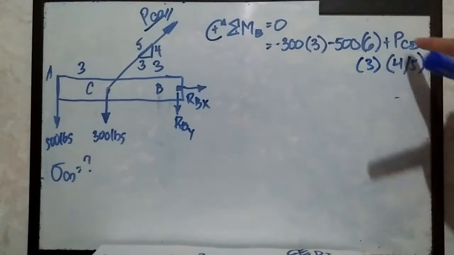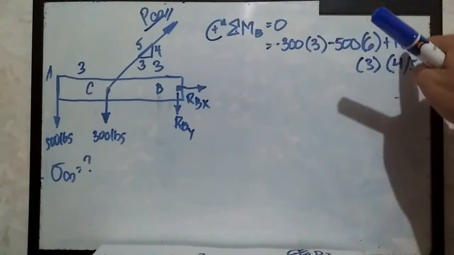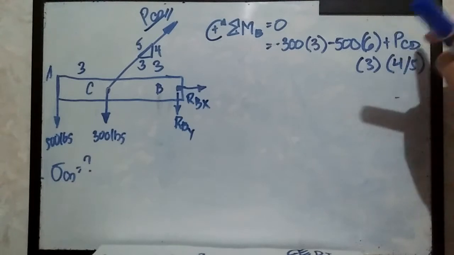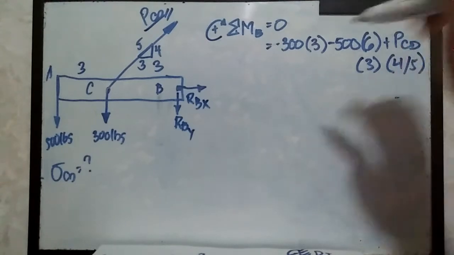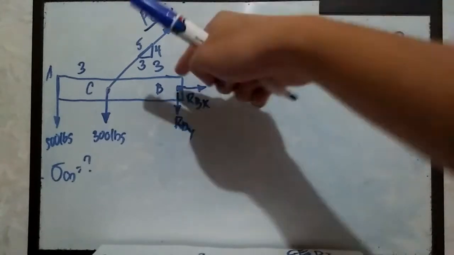And solving for P sub CD, let's isolate everything so that the remaining parameter is P sub CD. Let's transpose this 2 to the left side.